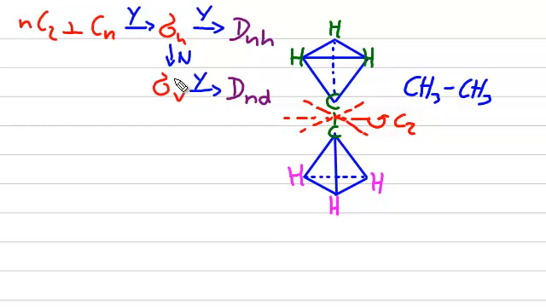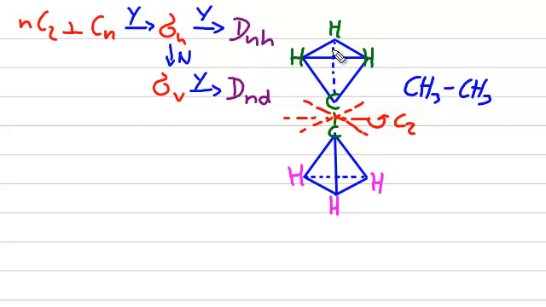In addition, we also have a vertical mirror plane. Now this vertical mirror plane can go through this hydrogen atom here, the 2 carbon atoms and this hydrogen atom down here, and also through this hydrogen atom, carbon atom, hydrogen atom here and here. So meaning we have also 3 sigma V reflection planes.